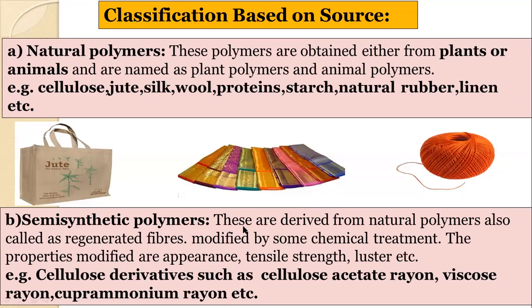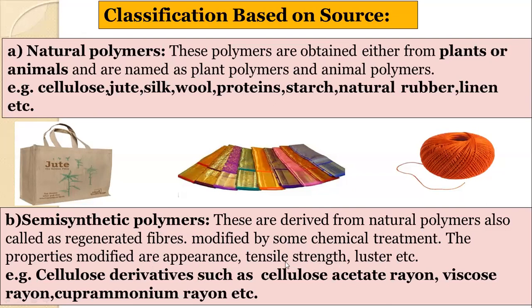So semi-synthetic means these are natural polymers, but some chemical treatment is there. These are modified polymers, and I will explain which things are modified. Some chemical treatment is given to the natural polymers, and semi-synthetic polymers are prepared. Chemical treatment is given for modifying their appearance, for increasing their tensile strength, and luster.